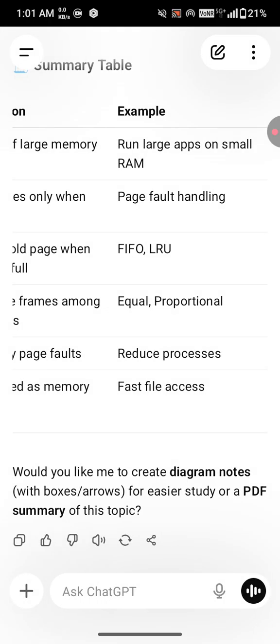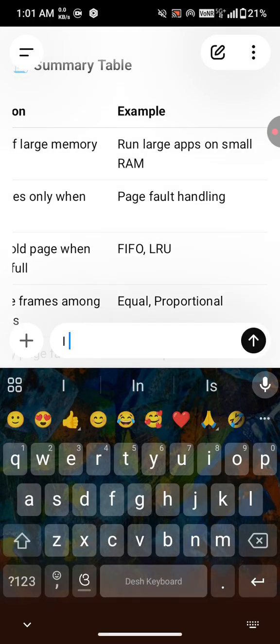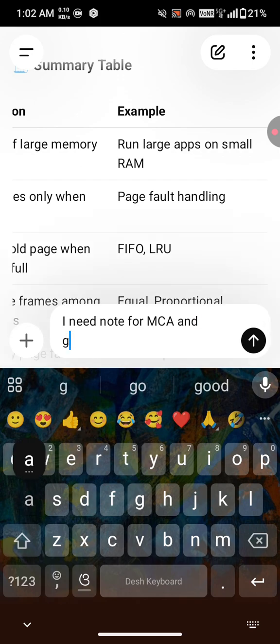Would you like me to create diagram notes PDF? No, I need notes for MCA and GATE standard.